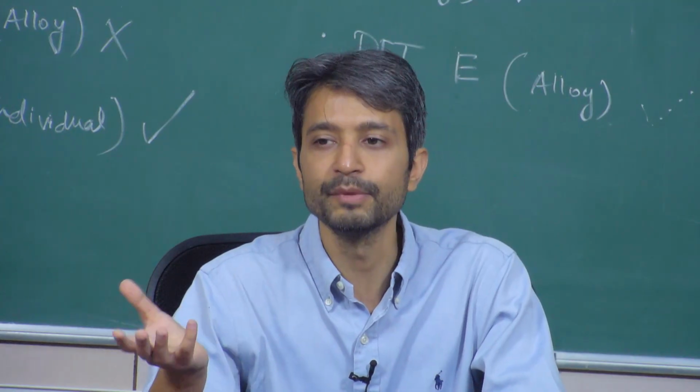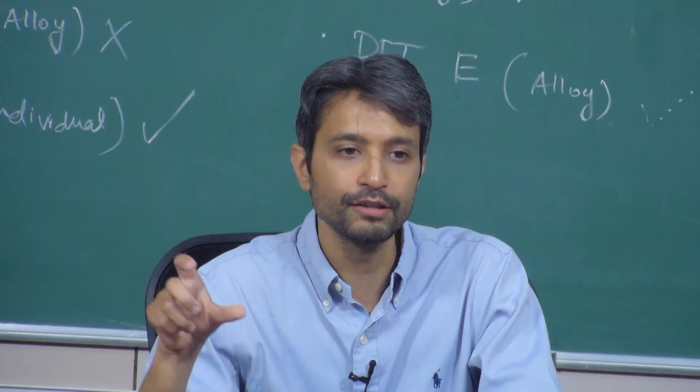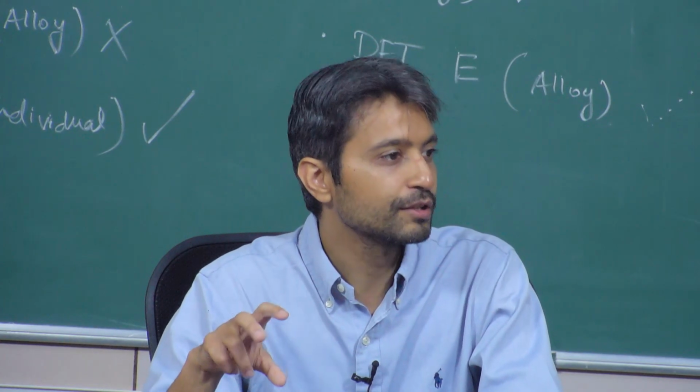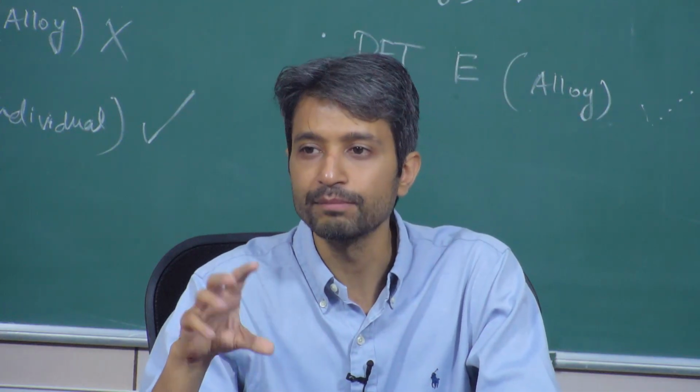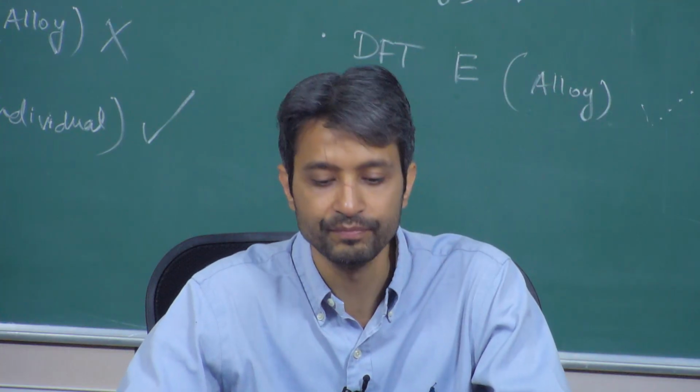So this is the basic mechanism. Now, if you know this mechanism, then you know it is important to talk about phonons, and about electrons, their kinetic energy, band gap. These are the important features that are associated with the mechanism.